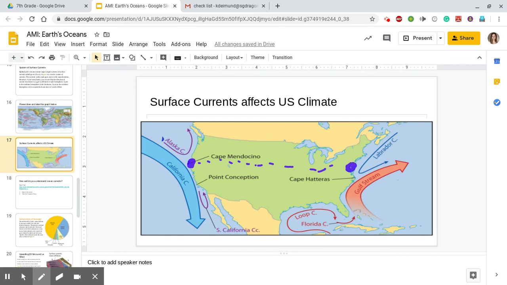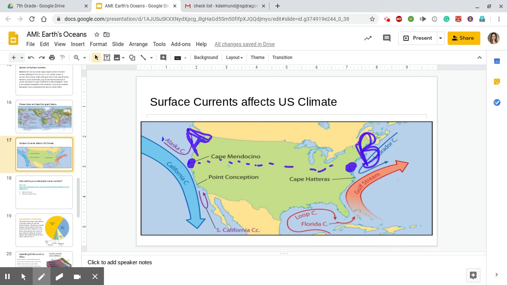Because the California current brings in cold water and the Gulf Stream brings in warm water, this point A is going to be colder than point B, even though they're at the same latitude.